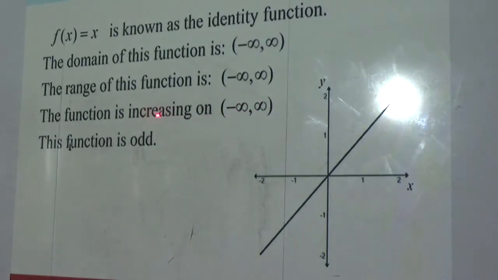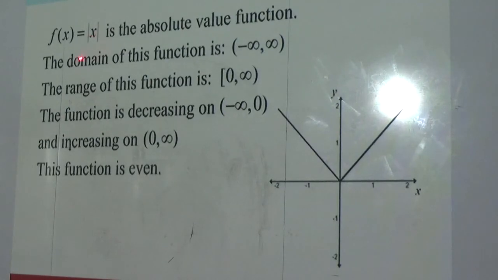Remember, the increasing, decreasing, and constant questions have to do with intervals of the domain, so we're looking at intervals of x. We see the function is increasing along the entire domain. That's what this is saying. And this is another example of symmetry with the origin, symmetry with the point 0, 0, and that shows it's an odd function. Again, if we went through the algebra, which we did in section 2.3 or 2.4, we'd see also that it's an odd function.